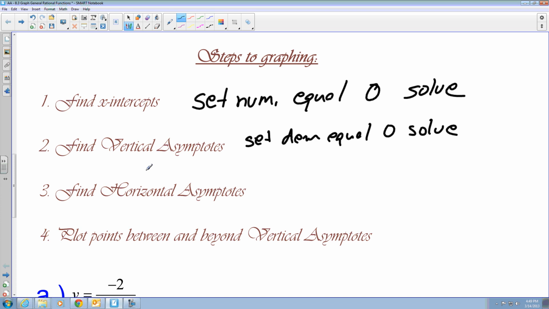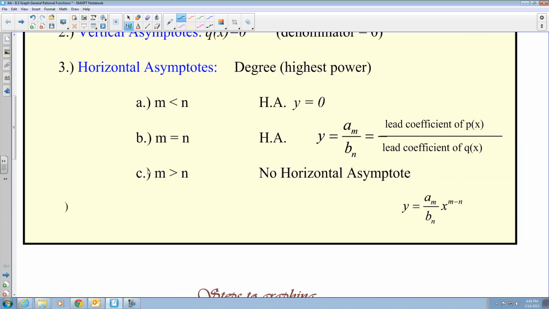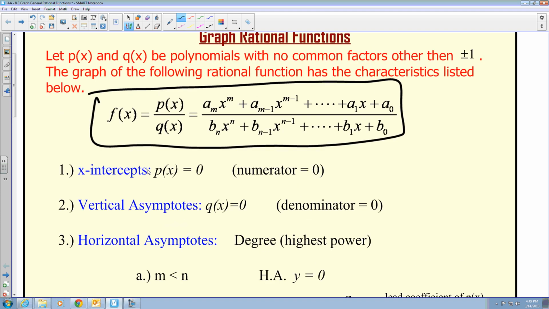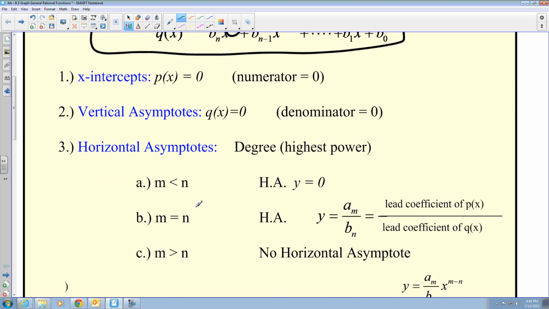To find the horizontal asymptotes, here are the stipulations we're looking for. In the numerator and the denominator, we're looking for the highest degree. M is the highest degree power in the numerator, and n is the highest degree power in the denominator. Those two values dictate what it's going to be.